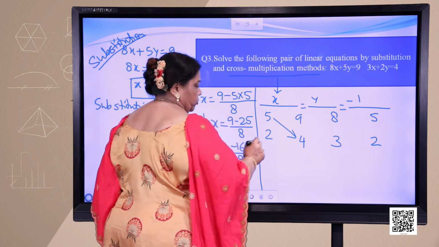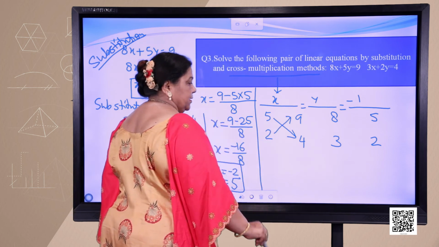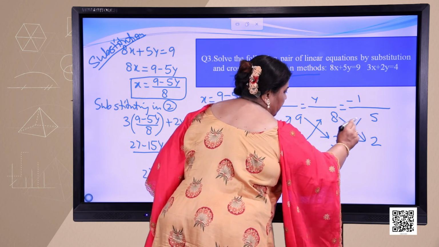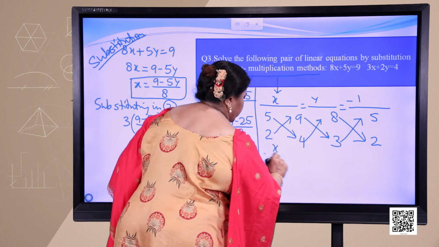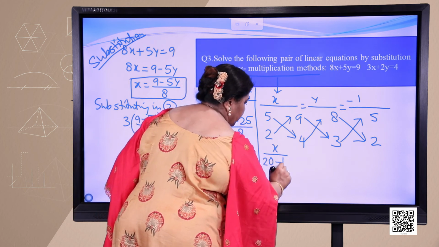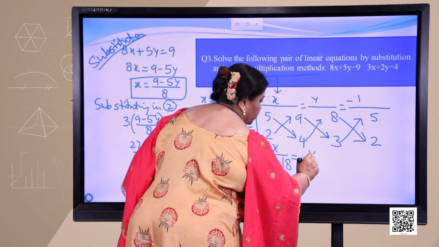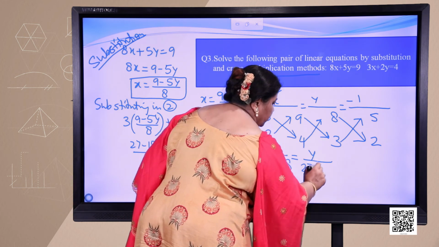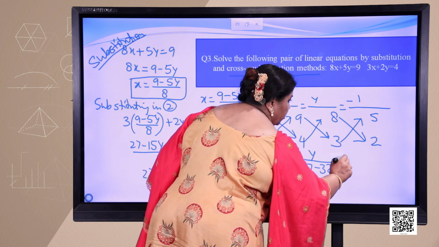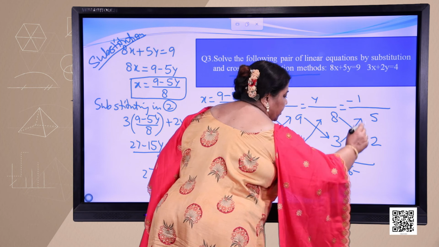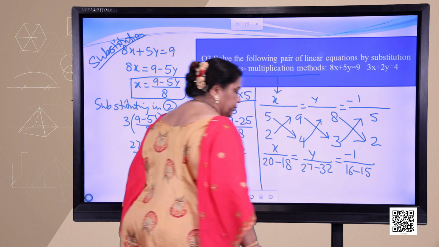We multiply top to bottom and subtract this way and 8 2s are 16 minus 15. So, x upon 5 4s are 20 minus 9 2s are 18 is equal to 9 3s are 27, 8 4s are 32 is equal to minus 1 upon 8 2s are 16 minus 3 5s are 15.